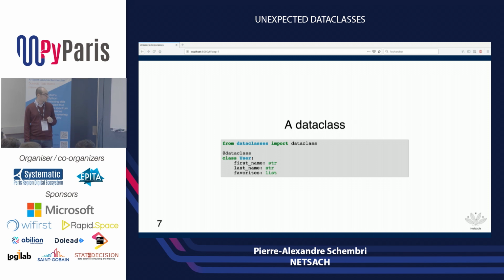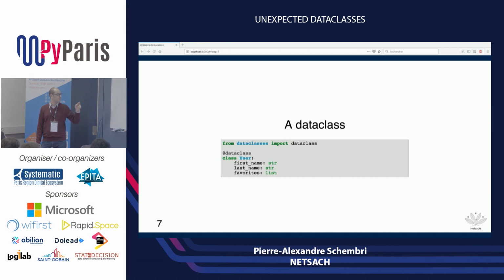So we have an import. From dataclasses, we import the dataclass decorator. And we will decorate a new class, a user. And we use type annotations to give information about the fields that we will create.